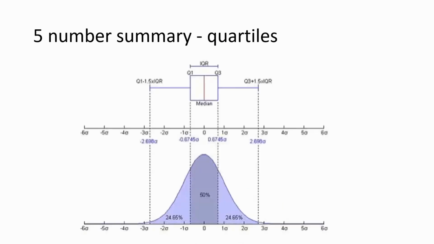All right, so again, we're talking about the 5-number summary. If you look at this box plot and you put it onto that histogram, that bell-shaped curve, you can see that it's defining a lot of properties of the data that we might find interesting. For example, that interquartile range, that distance between Q1 and Q3, contains 50% of the data, right?